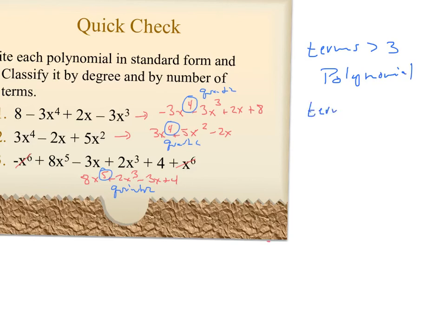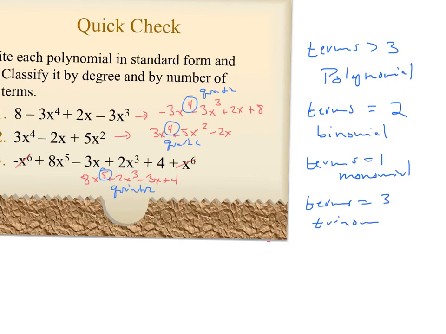If terms are equal to 2, it's a binomial. Terms equal to 1, monomial. And sorry that these are out of order. Terms equal to 3, trinomial.